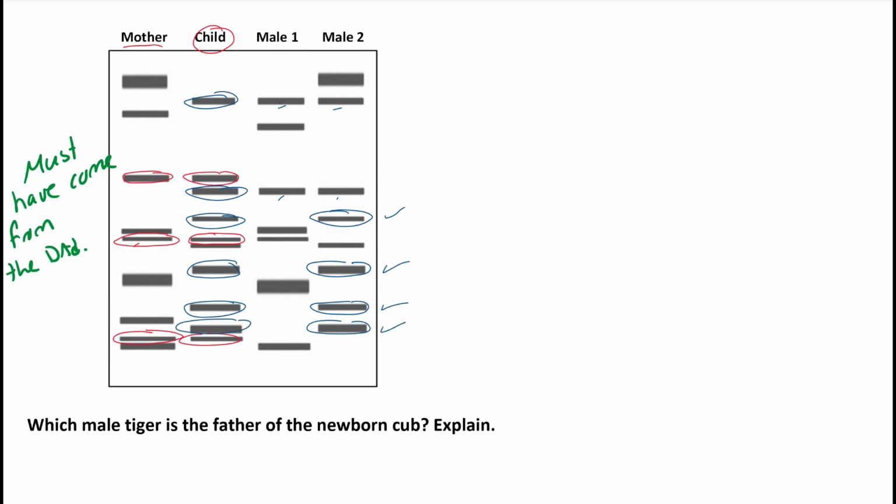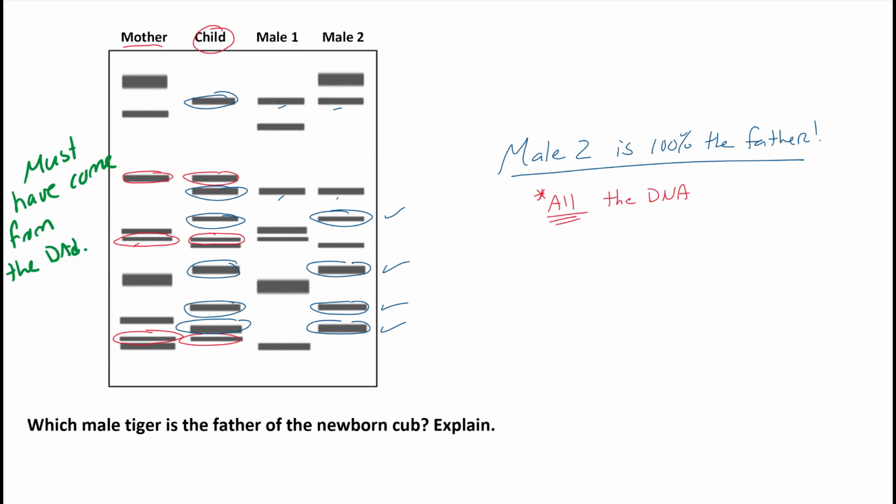But here, all the DNA bands that are present in the child, all those DNA bands that did not come from mom, the one circled in red, all came from dad, the one circled in blue. So again, that is definitive confirmation that male 2 is the father.